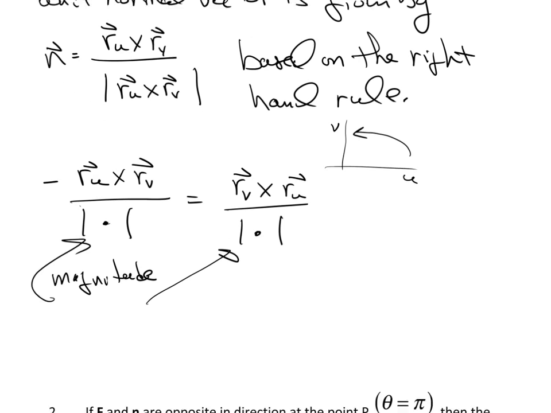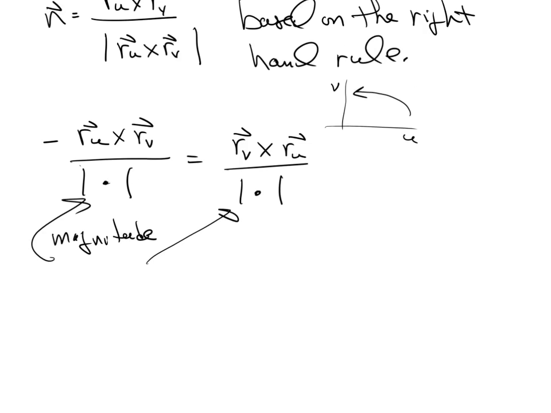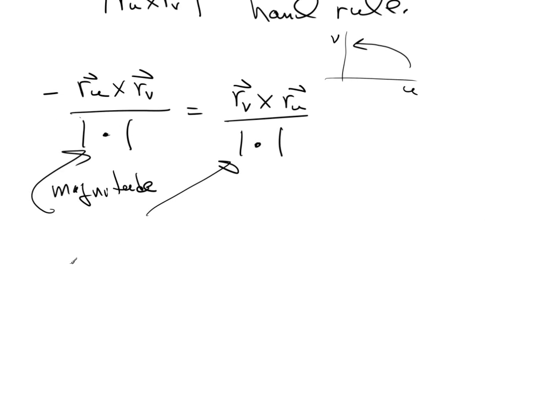Now, in a situation where we're dealing with a closed surface, such as a sphere, then the orientation is either outwards in the same direction as a position vector to the surface, or it's opposite in direction.